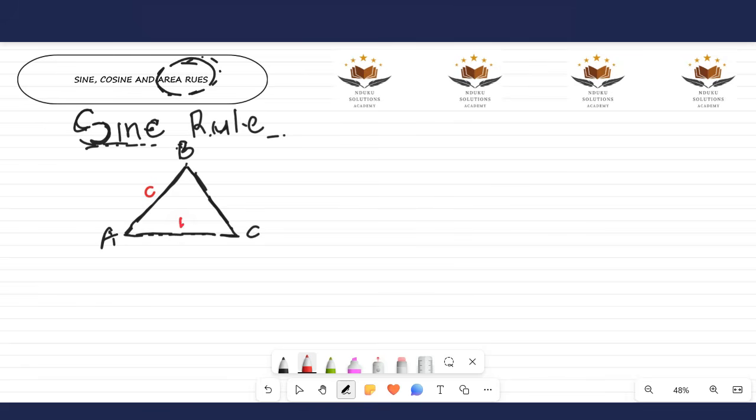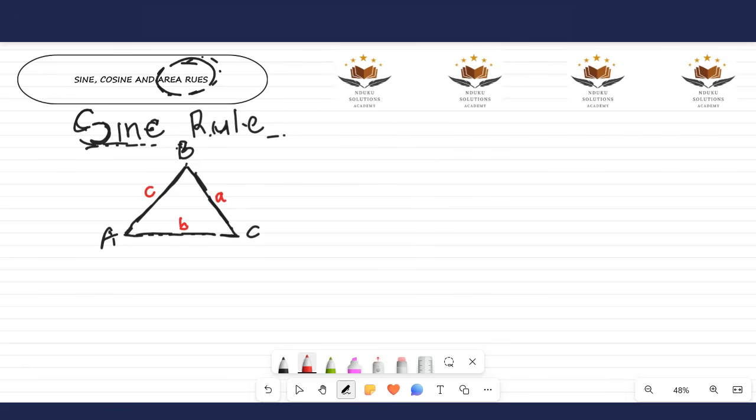This is B and this will be A. Now when do you use the sine rule? You use the sine rule to determine an unknown length or maybe an angle on a triangle which is not right angled. So we can use the sine rule to find a side. You can also use the sine rule to find an angle.